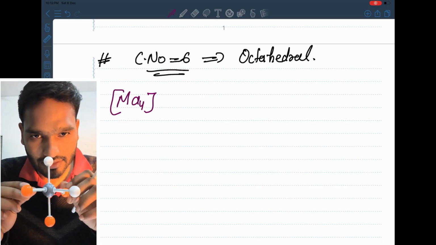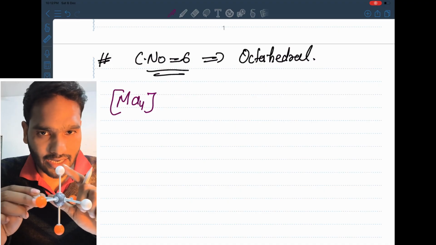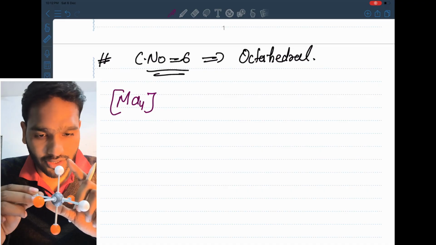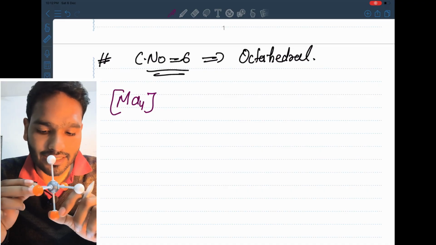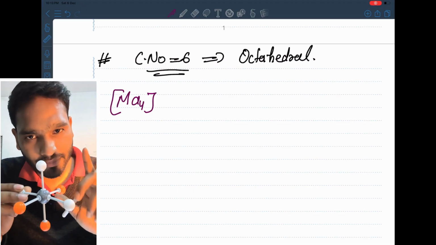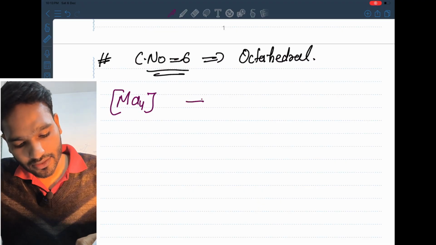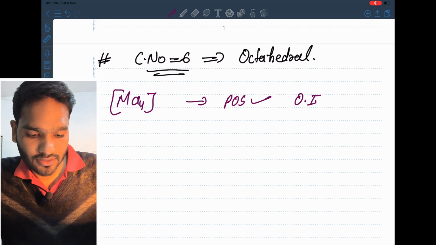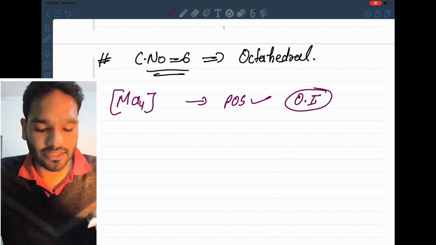If it cuts all the 4 atoms, then this atom will reflect this atom if these 2 atoms are the same. If it is reflecting, it means POS will be there, and then it will be optically inactive. So simple, using POS and COS.